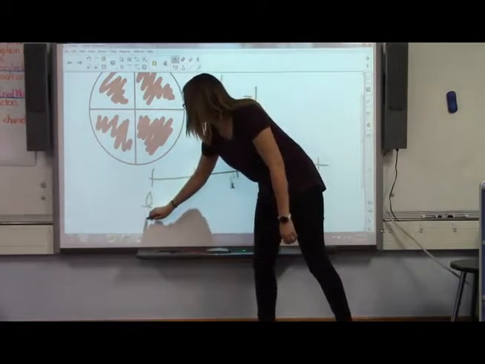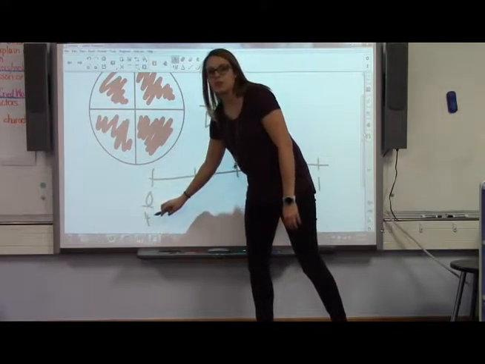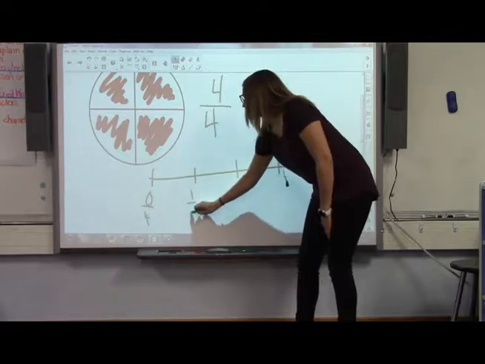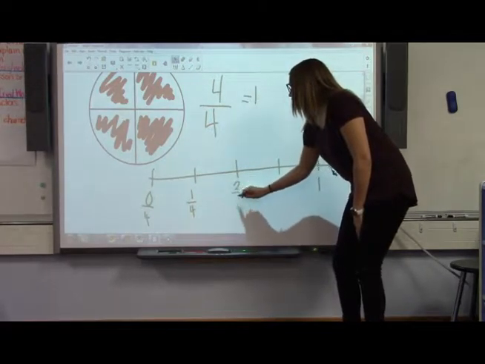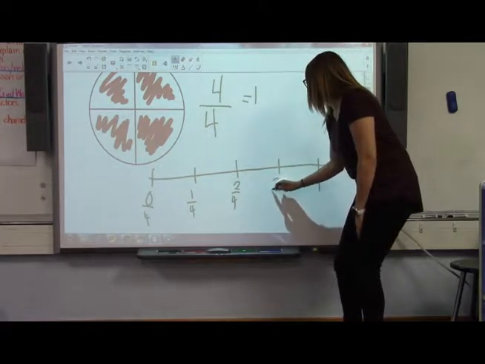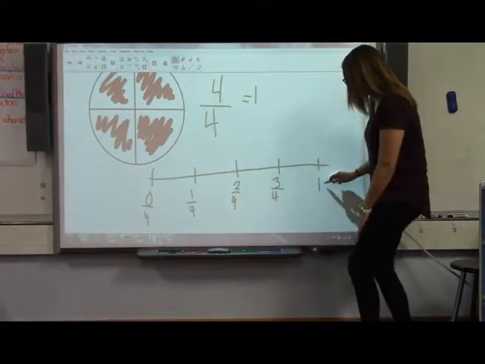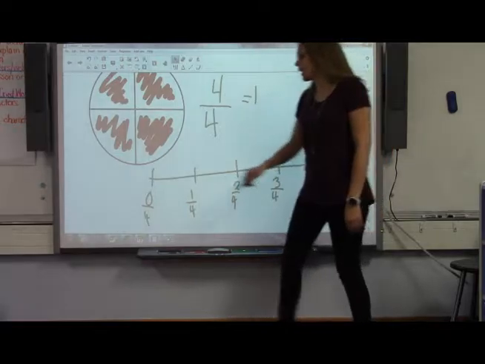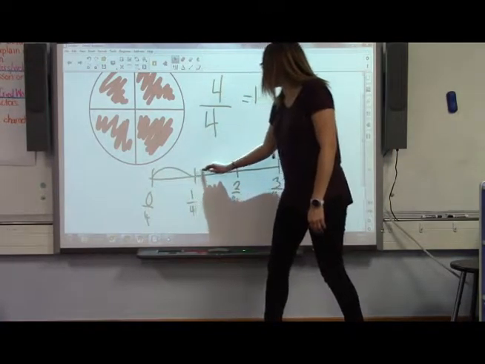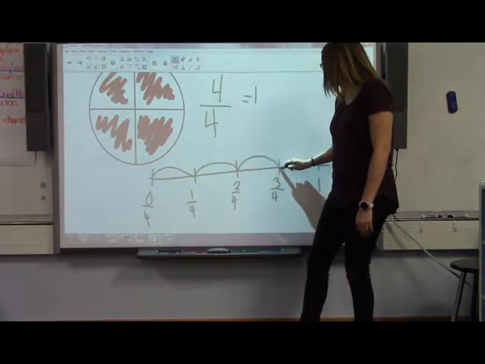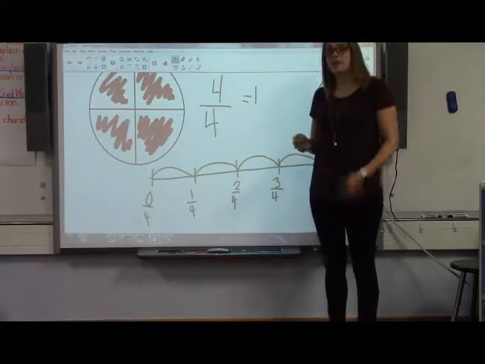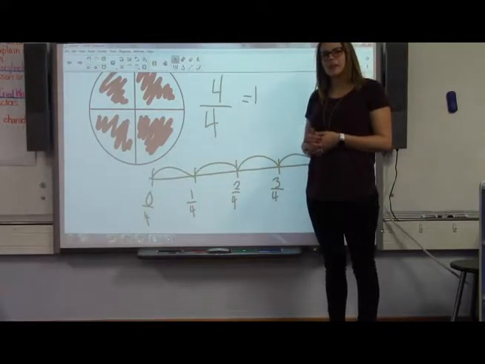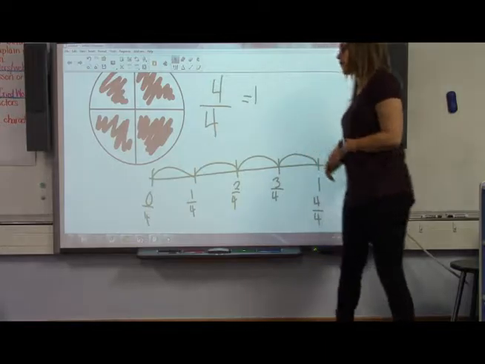My first endpoint would be labeled 0/4, 1/4, 2/4, 3/4, and 4/4, which means I have hopped 1, 2, 3, 4 out of the 4 hops. Does that make sense? Let's look at another one.